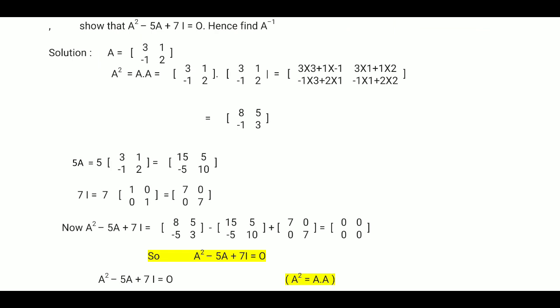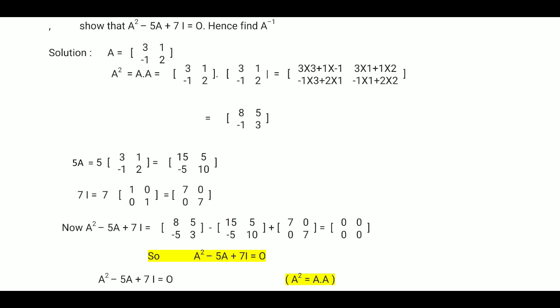Now the other matrix is 5 into A, so 5A, 5 multiplied by matrix A, so each element will be multiplied with 5 by the property of matrix, so we get 15, 5, minus 5, 10.